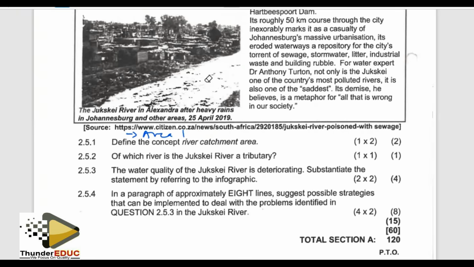Sorry about that, my technology. Let me write it here at the bottom: area that supplies a river with water.